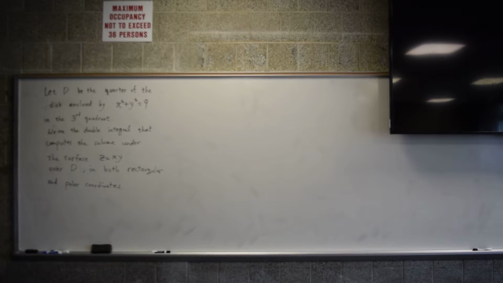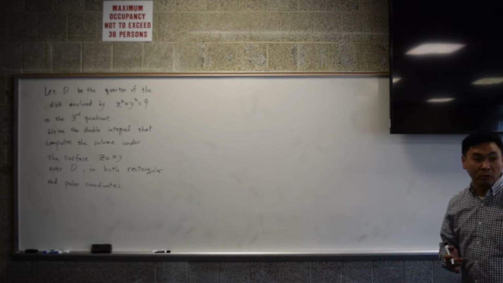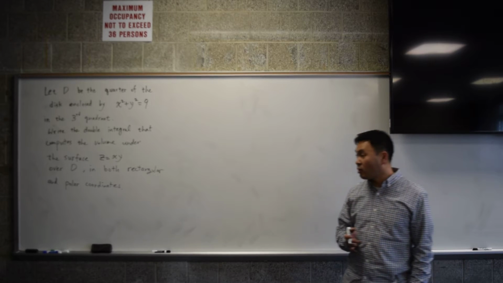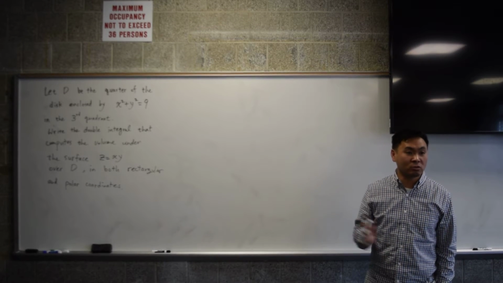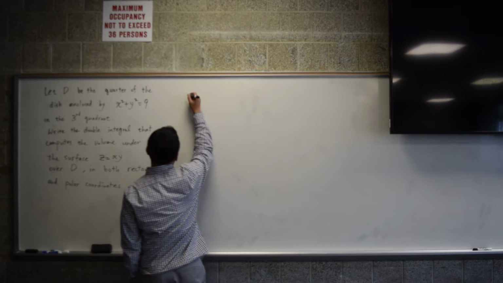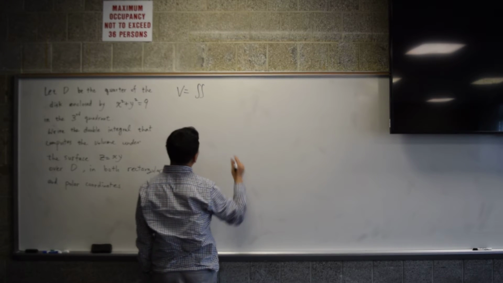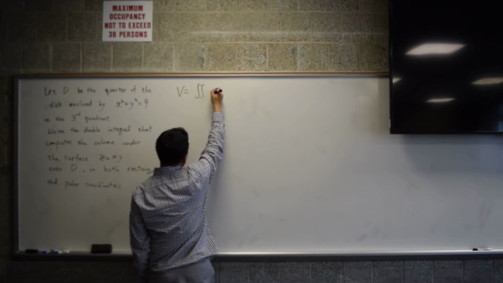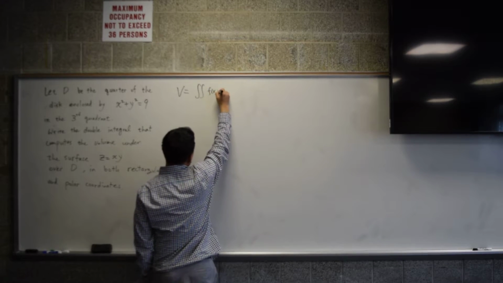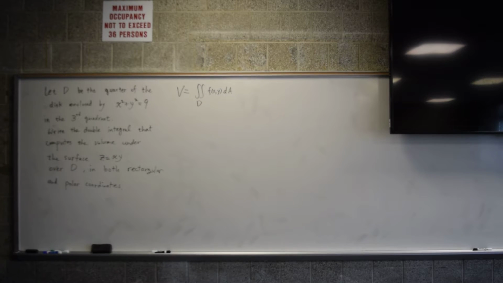So in other words, I want you to write two double integrals. One double integral in rectangular coordinates, another double integral in polar coordinates, both calculating the volume captured under the surface over this domain D. Now we learned that to find the volume under the surface, you simply integrate this function over the region D, which has the meaning of the volume enclosed under the surface.